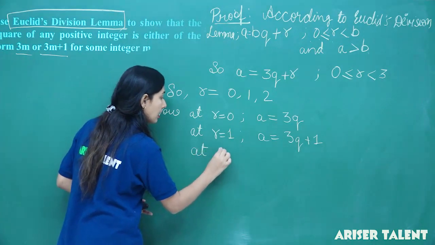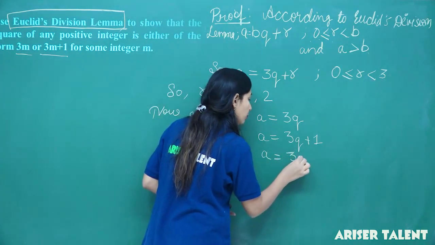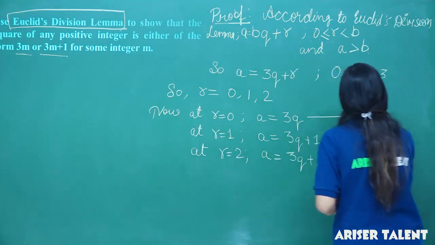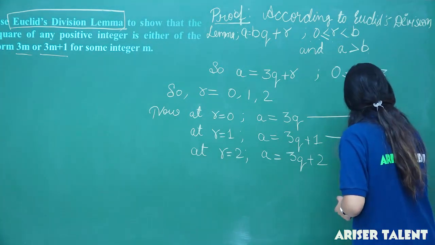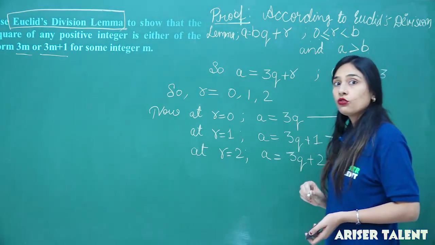At R equals 2, A will be what? 3q plus 2. And let's name them: the first one is equation 1, the second one is equation 2, and the third equation is equation number 3.